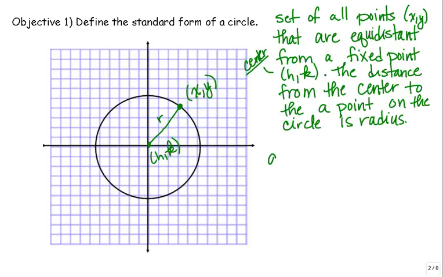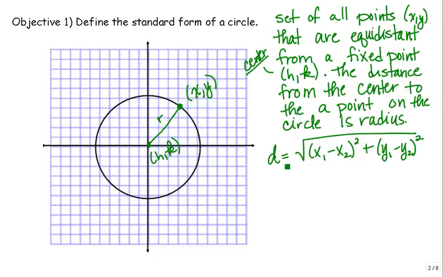The distance between any 2 points can be found as what? The square root of x sub 1 minus x sub 2 squared plus y sub 1 minus y sub 2 squared. This formula is going to give us the general form or the standard form of the equation of a circle. So if I would plug in x, y to be one of the points, my center to be h, k, and my distance to be r, I can get the standard form of a circle.